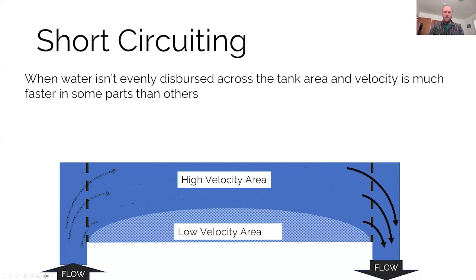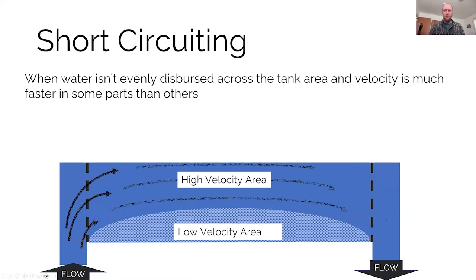This, of course, means that the sediment might settle out more in this low velocity area than this high velocity area. And it could mean that in this low velocity area, maybe the sediment and the particles there will start becoming septic and start causing odor issues or something. So really it's beneficial to reduce the amount of short circuiting however you can.